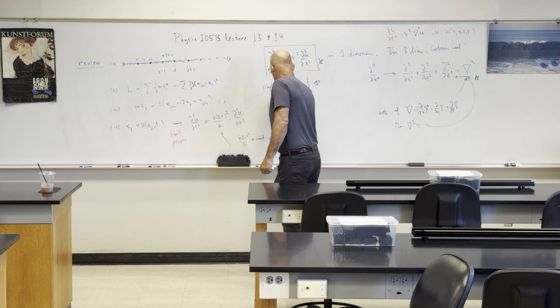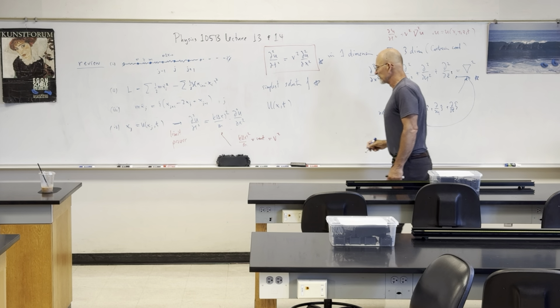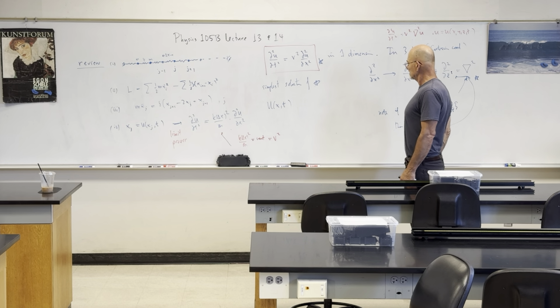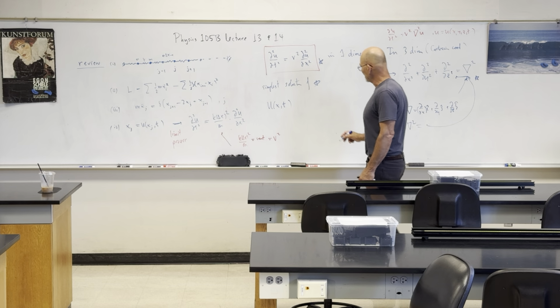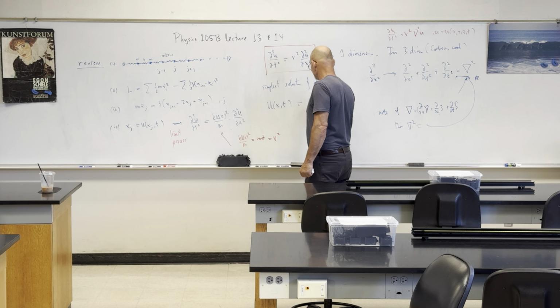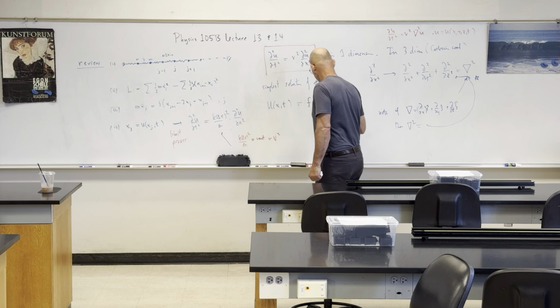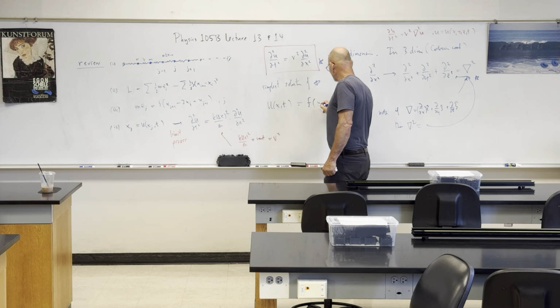It's u of x and t equals, let me use another letter, f of x plus or minus v times t.